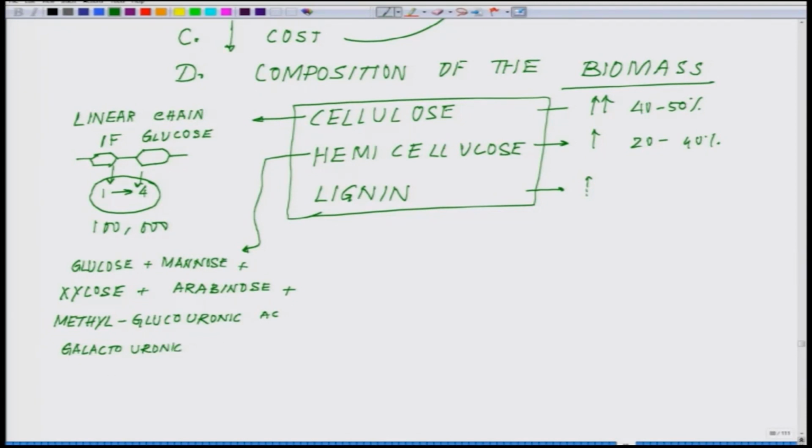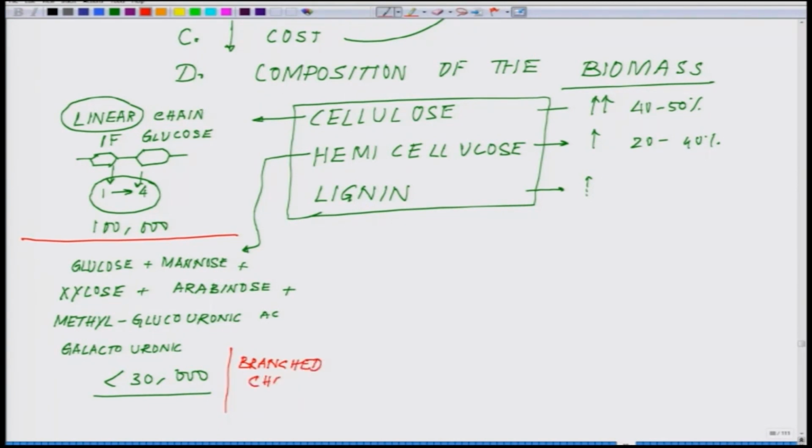so the average molecular weight is less than 30,000, and instead of linear as in the case of cellulose, this one is a branched chain. So, this is the critical difference. It is a very branched chain structure.